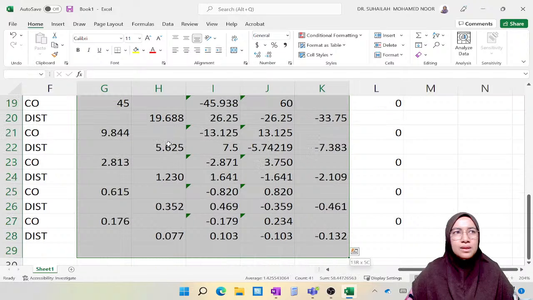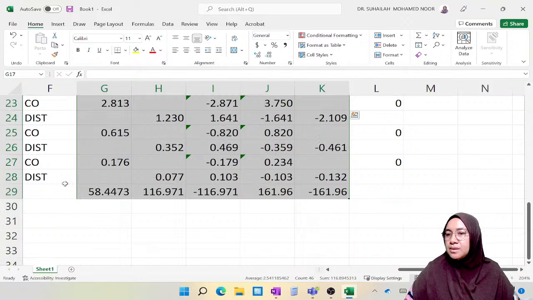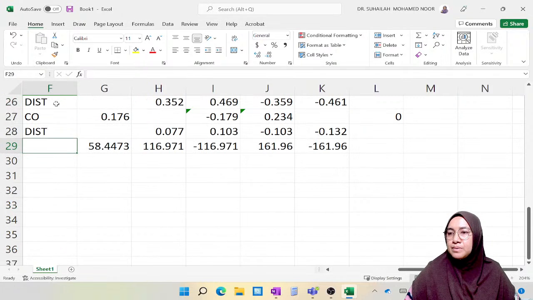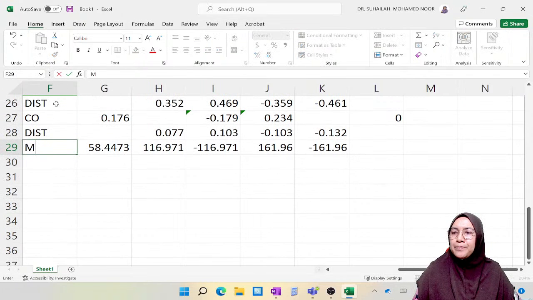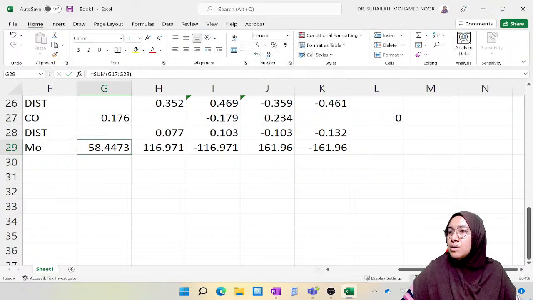So total. Okay, now we have it. So this is M not. This is the moment from table number 1. I label it as M not. So this is the value.